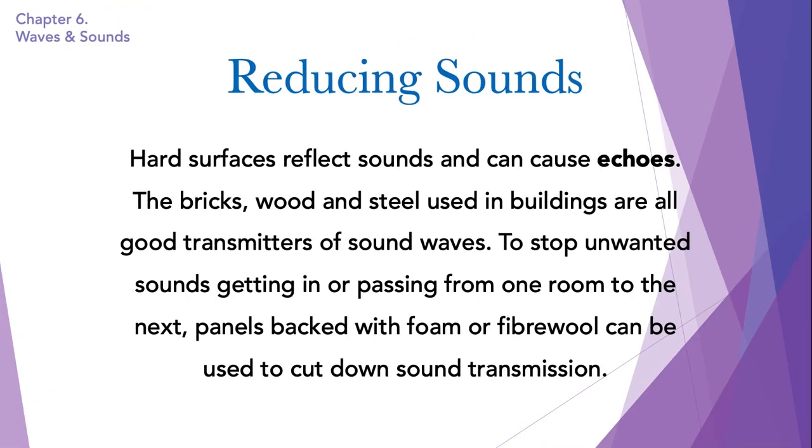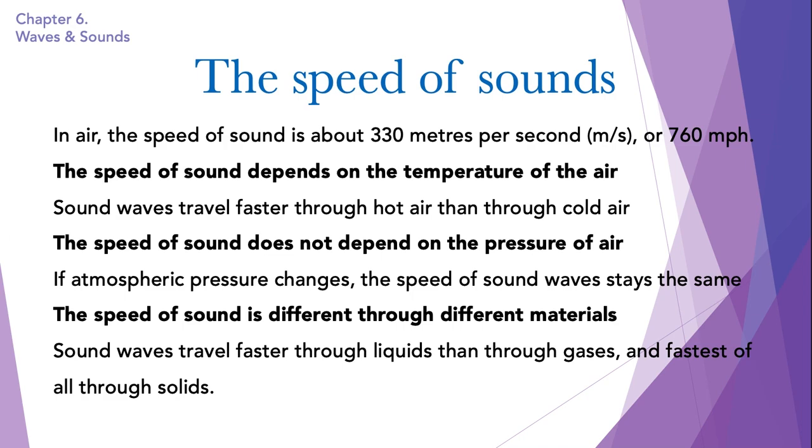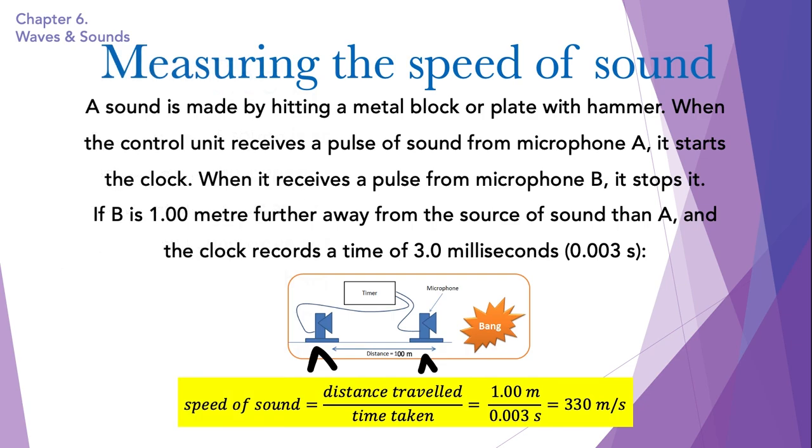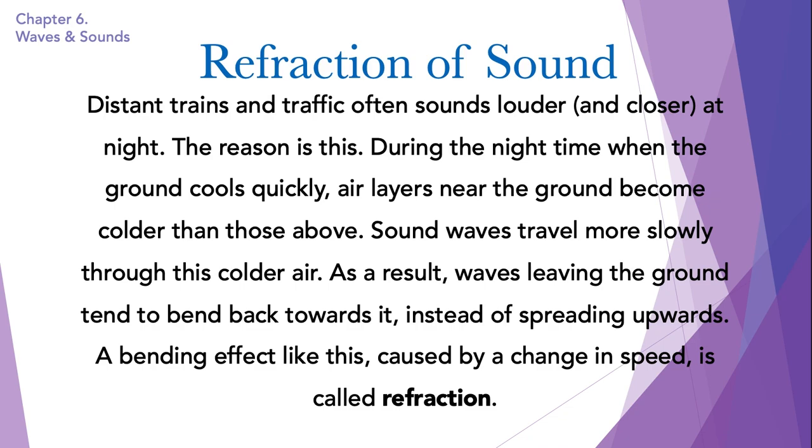In other words, we looked at echoes, the different things we do to stop unwanted sounds getting in or passing from one room to the next, to cut down sound transmission. Then we looked at the speed of sound, how we can measure the speed of sound, the small experiment, and then we understood refraction of sound.